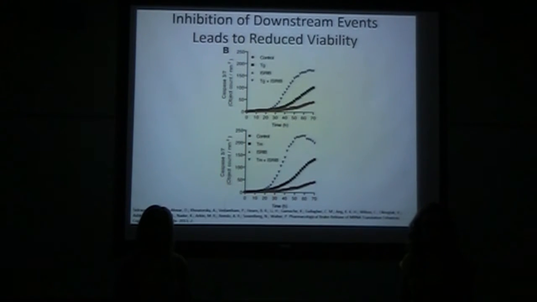So is that going to cause you to have more or less misfolded proteins in the presence of ISRIB? More. If you're stressed and you have ISRIB, so that's the TG plus the ISRIB, the upside down triangle that is blue. Here you had a stress, you're not able to stop production of those misfolded proteins because you have ISRIB present.